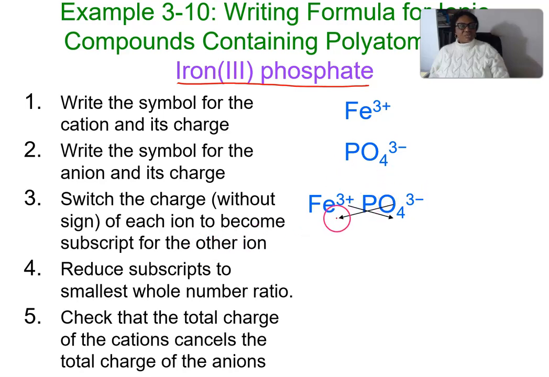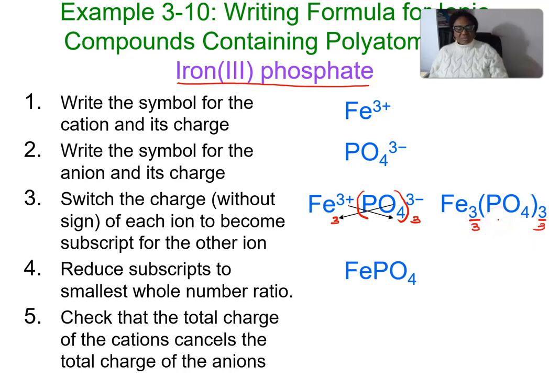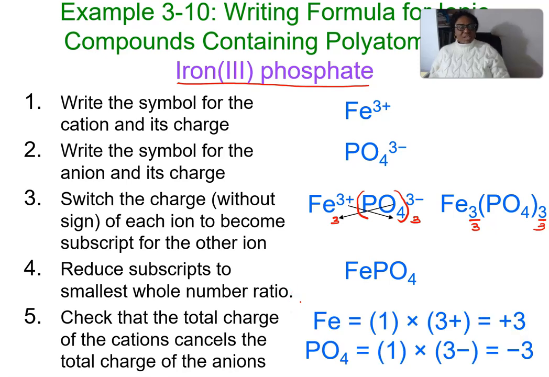So we switch, so this will become 3. Put parentheses, this becomes 3. So that's what you're going to see. But you see, this 3 divided by 3, divided by 3. So now this is the formula of iron 3 phosphate. So check that the cation charge is equal to the anion charge, so they can cancel out. So plus 3 minus 3 will give us 0.